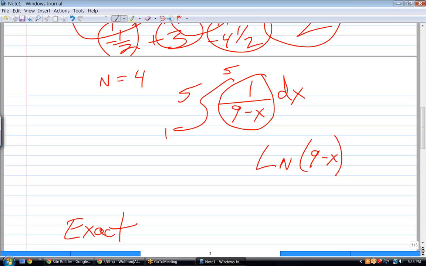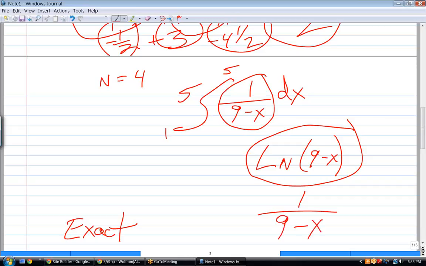You see why? In other words, take the derivative of that. What do you get? You get 1 over 9 minus x, but now I have to take the derivative of the inside, which is minus 1. So it actually turns that into that. So this cannot be our antiderivative because its derivative is not what we started with.